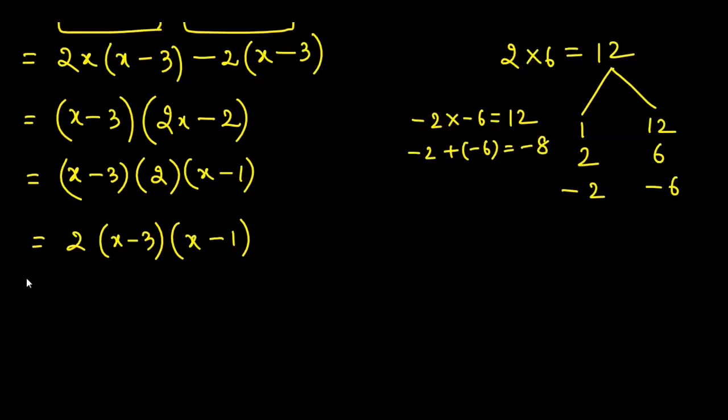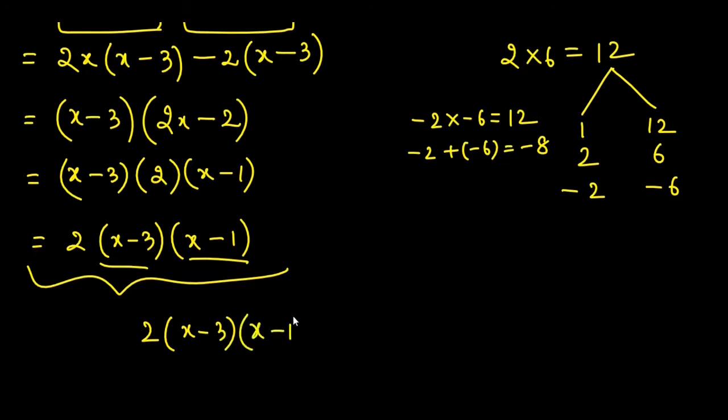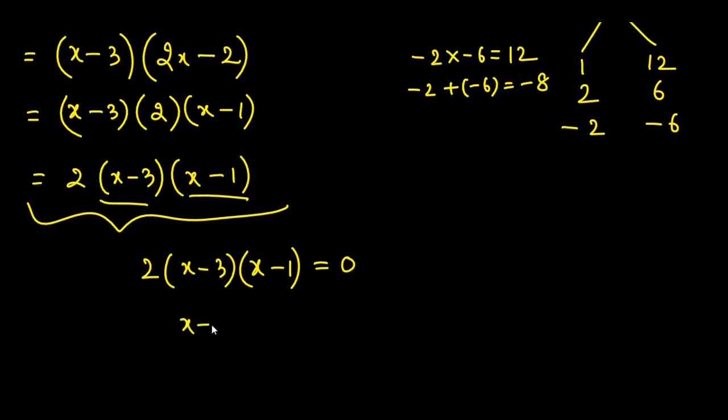Now we have written our quadratic polynomial as a product of linear polynomials. Let us equate 2 into x minus 3 into x minus 1 to 0. Now either x minus 3 should be 0 or x minus 1 should be 0. From this we get x is equal to 3 or x is equal to 1.